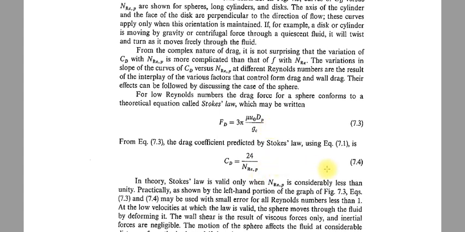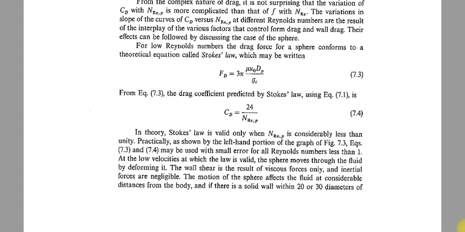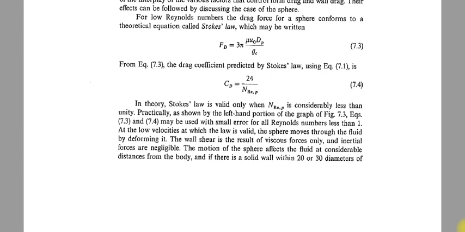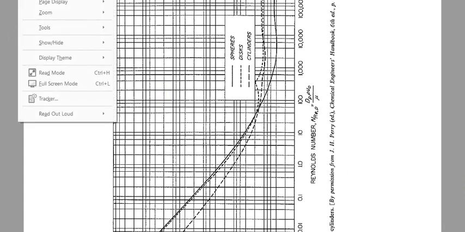From Reynolds number 1 to 10, this will give you a sufficiently correct answer, but above that, this formula cannot be used. Then we can use the graphical method which we have already used in the friction factor case. So this is the graph, and we can understand this from a different view.